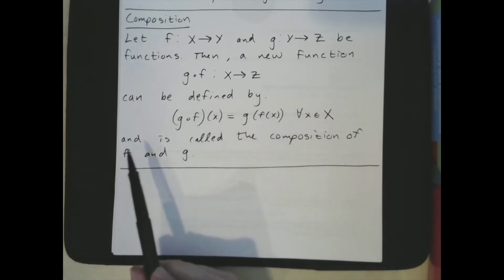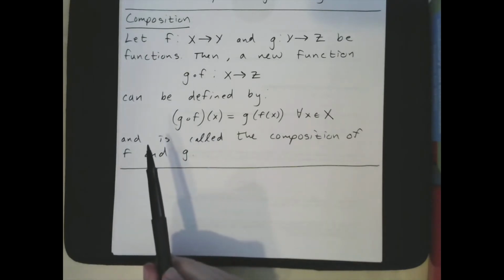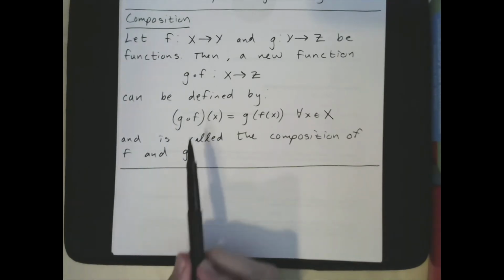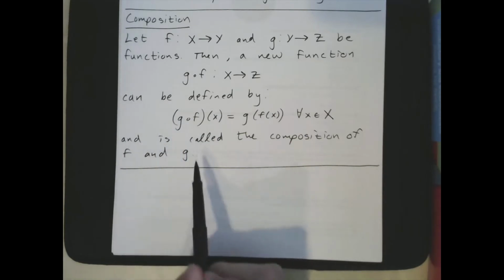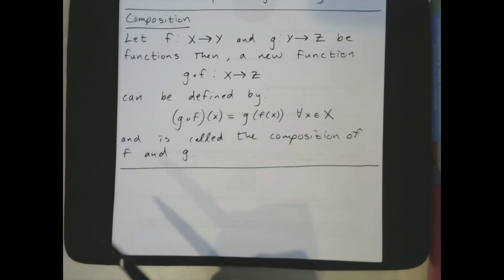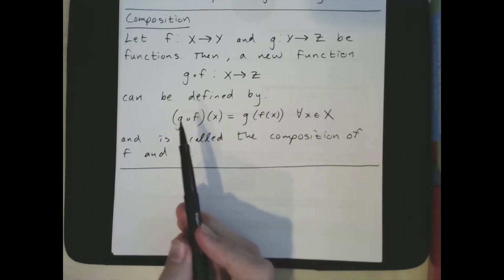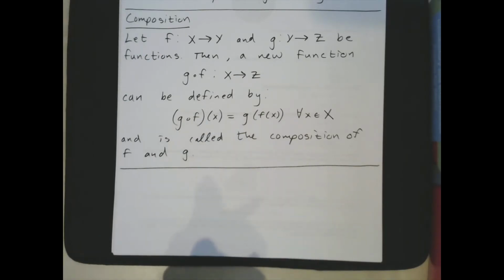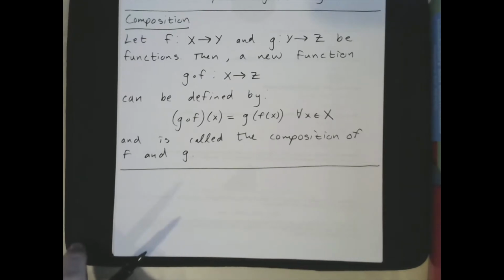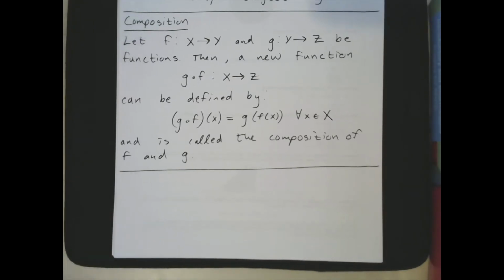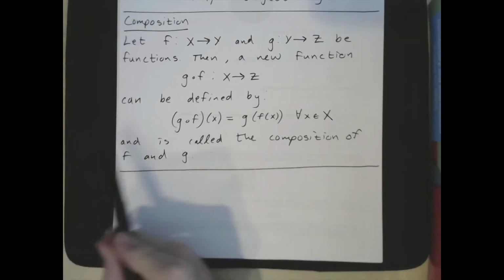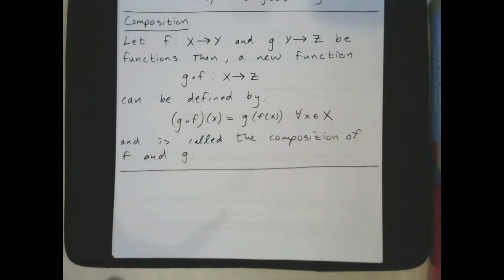Now, our book, I believe, talks about composing f and g as this. So you compose f and g in this order, but in all honesty, if you think this is the composition of g with f, because that's what my brain wants to think, that's fine. And if you're getting a little hung up on the homework, just take a look and make sure that they don't mean for it to be g circle f versus f circle g, and just keep that in mind.